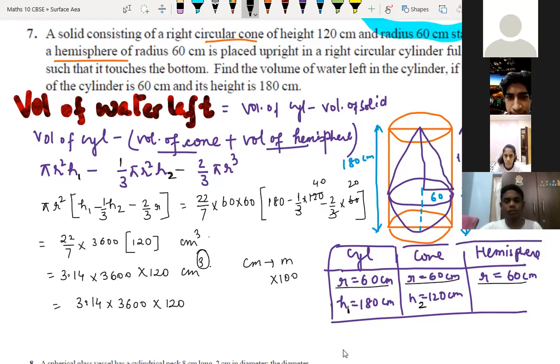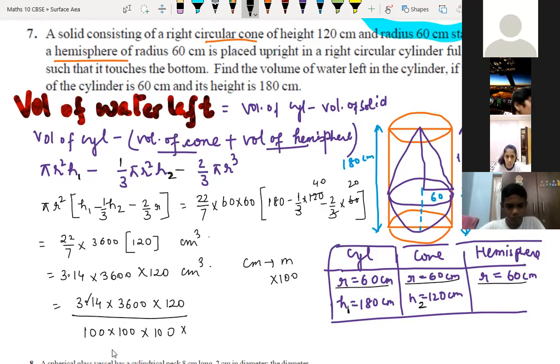So here 3 centimeters are there, which means we should divide by 100 into 100 into 100, so the point will go, and again 20 will come. So this 20 gets cancelled, 30 gets cancelled. Again you have to multiply and put the point.